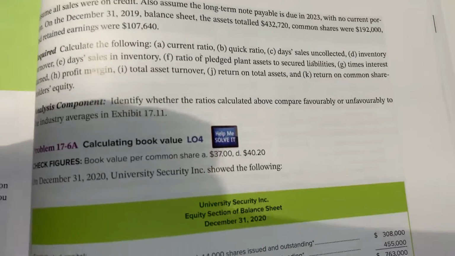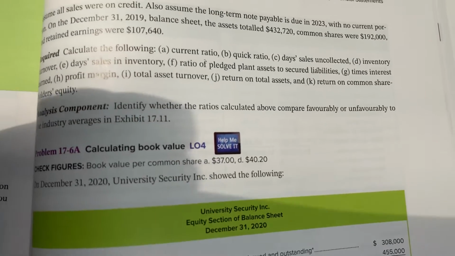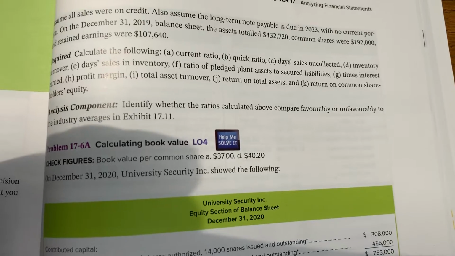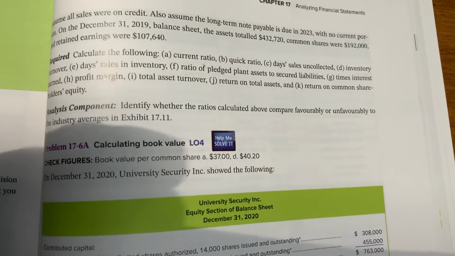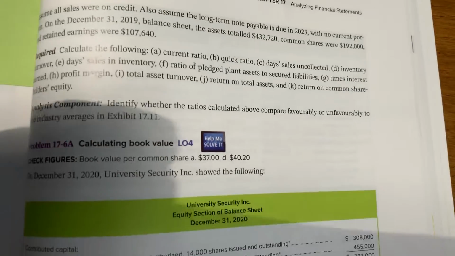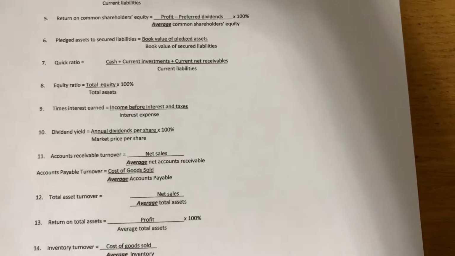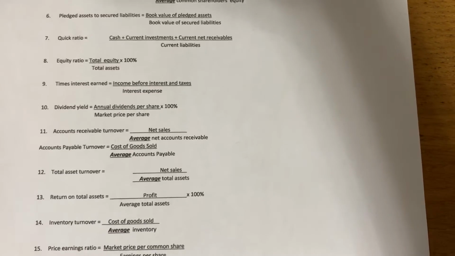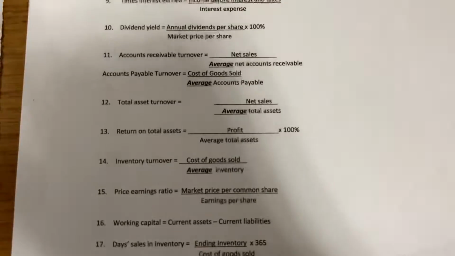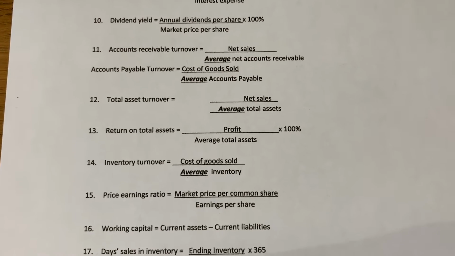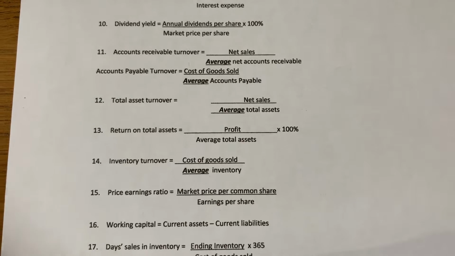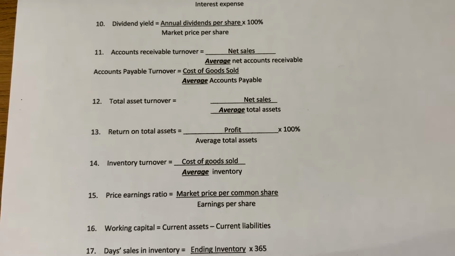The next one that we're going to do is the return on total assets. So return on total assets is J. And if we look at our sheet of ratios, return on total assets, where do we find that one? That is 13. Return on total assets is your profit over your average total assets, so there's that average word again, times 100%.